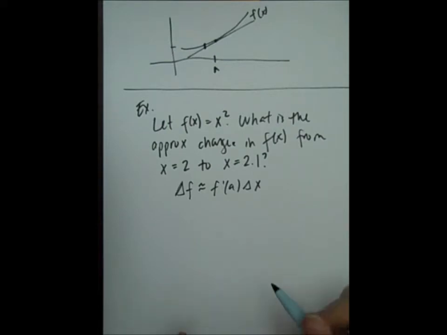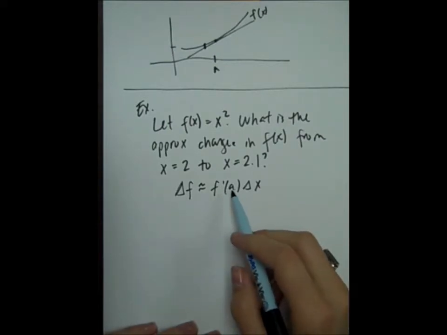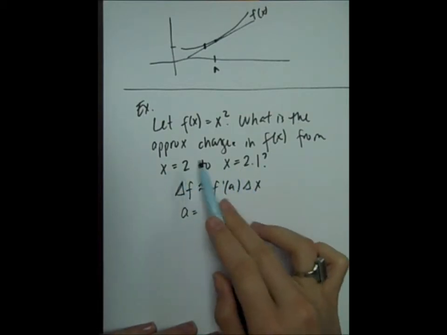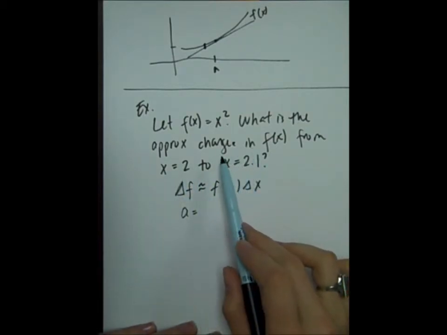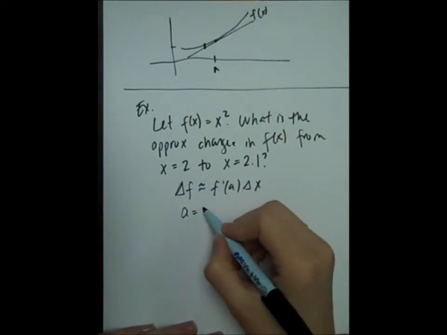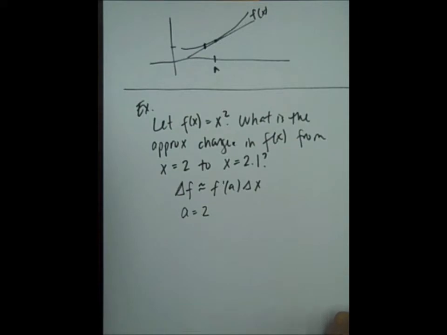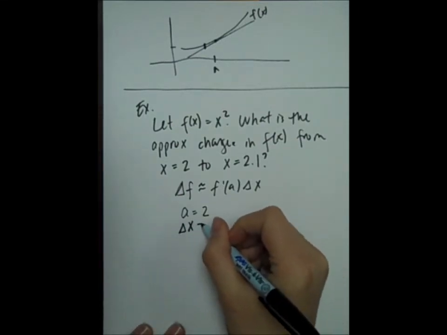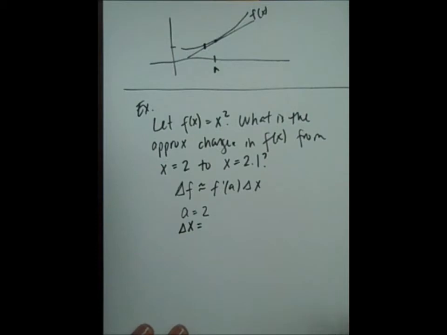Okay, so now for f prime of a, we want to set a equal to the number that's easier to plug in. So is it going to be easier to plug in 2 or 2.1 to a function? Well, definitely easier to plug in 2, so I'll set a equal to 2. Now I need to know what is delta x.